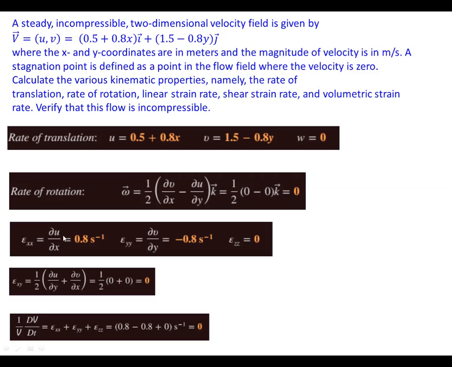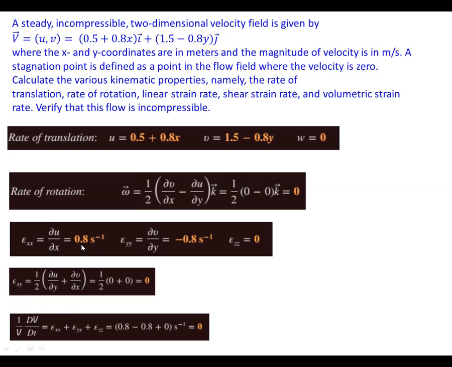Similarly, the linear strains are ∂u/∂x and ∂v/∂y. ∂w/∂z is already 0, that is, there is no w component. So you can find the linear strain using this. The shear strain is the combination of these: epsilon xy equal to 1/2 (∂u/∂y + ∂v/∂x).